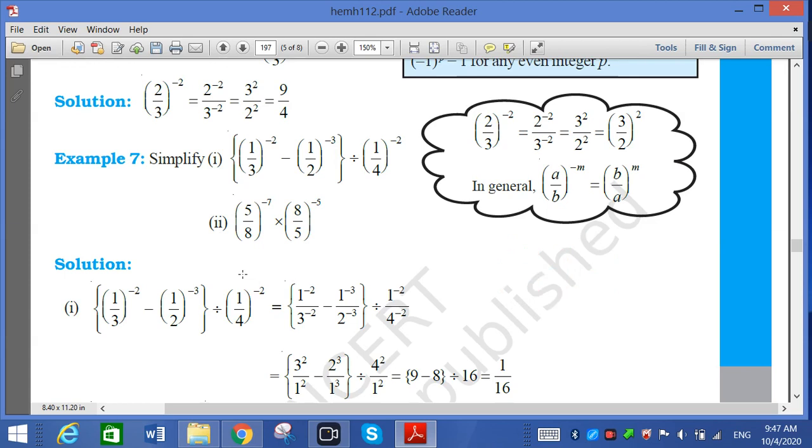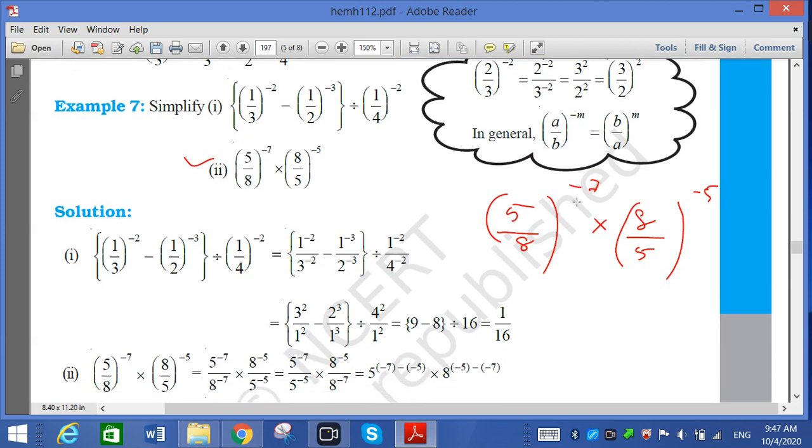So example 7, there are 2 sums. One sum, that is the second, I am doing here: 5 upon 8 the power minus 7 multiply 8 upon 5 the power minus 5. So what is my first step? I have to remove this negative sign.